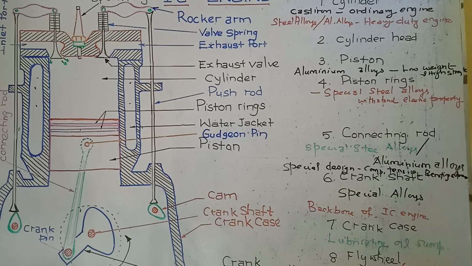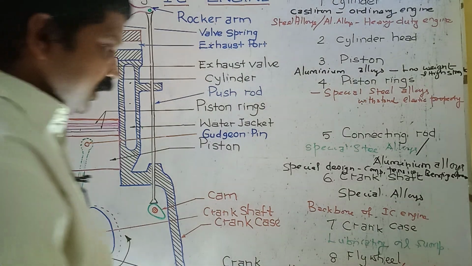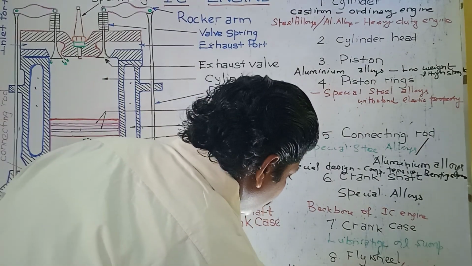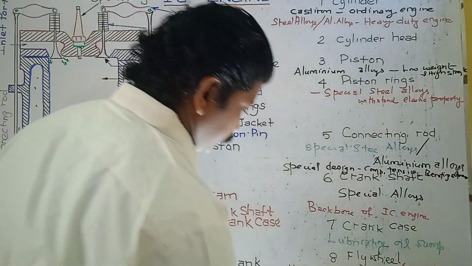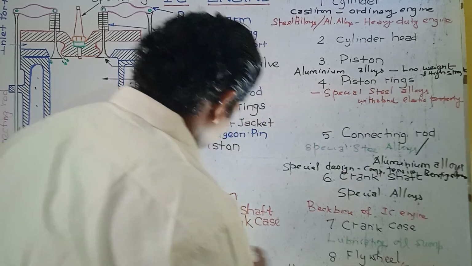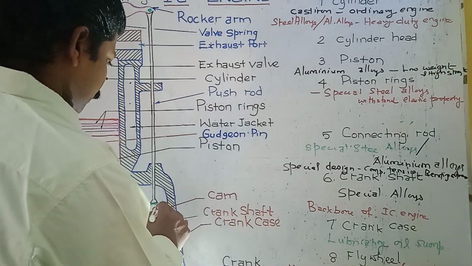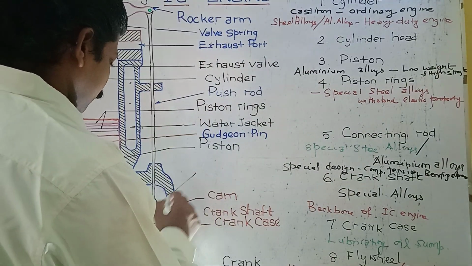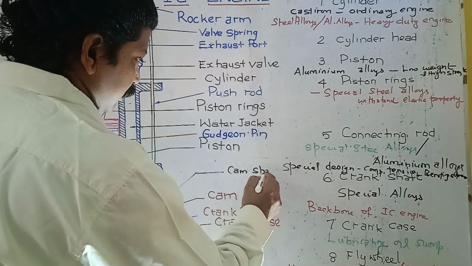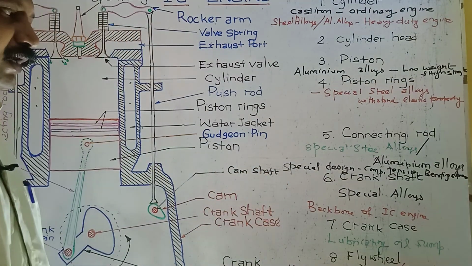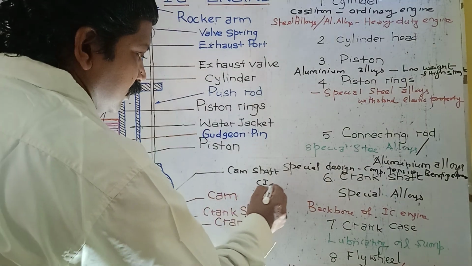Next one is the camshaft. The camshaft is made using cast iron or steel.